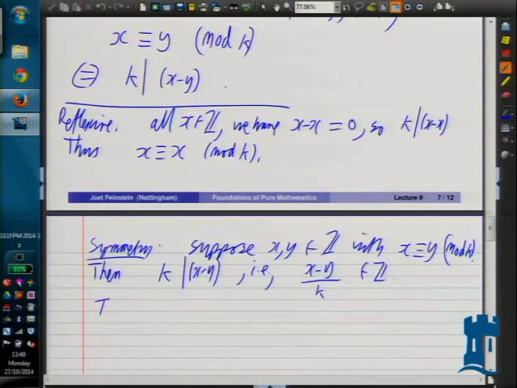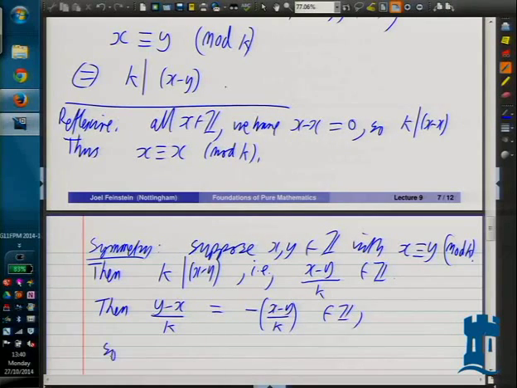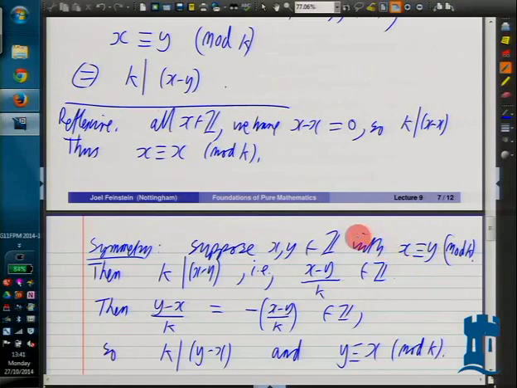But then y minus x over k is equal to minus (x minus y) over k. It's still an integer. So k divides y minus x as well, and y is congruent to x mod k. So we showed that whenever x and y are integers with x congruent to y mod k, then y is congruent to x mod k.